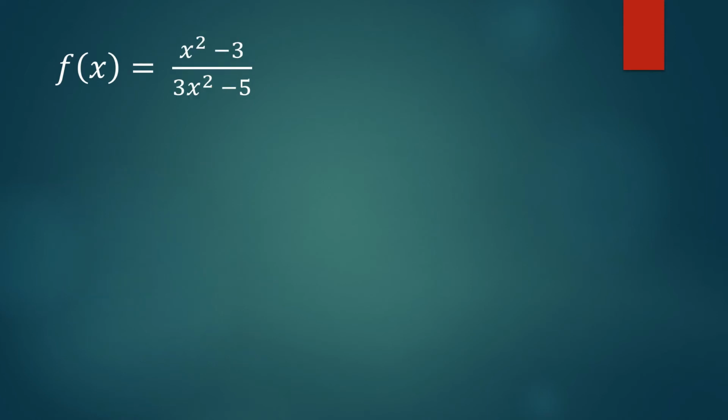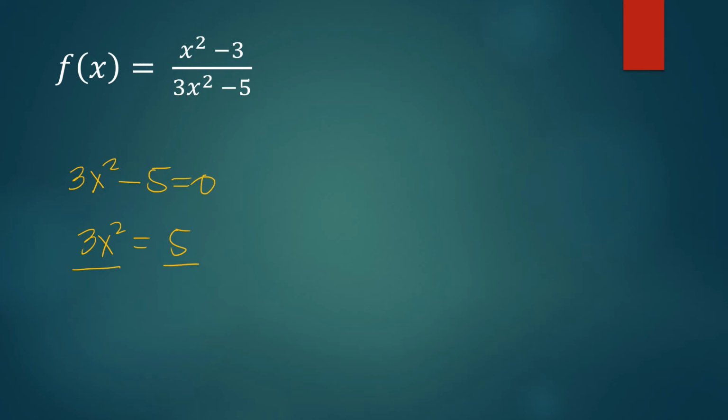Next example, f(x) equals x squared minus 3 all over 3x squared minus 5. Getting the vertical asymptote, let us equate the denominator 3x squared minus 5 to 0. Then 3x squared equals positive 5.